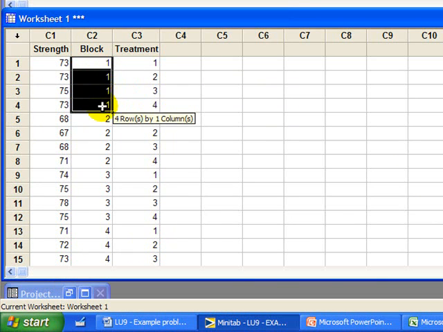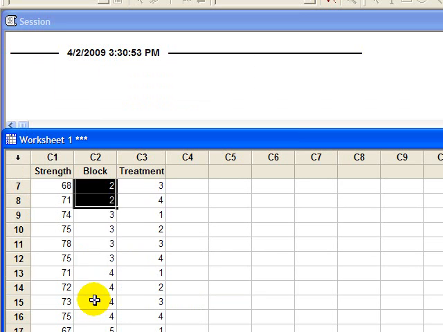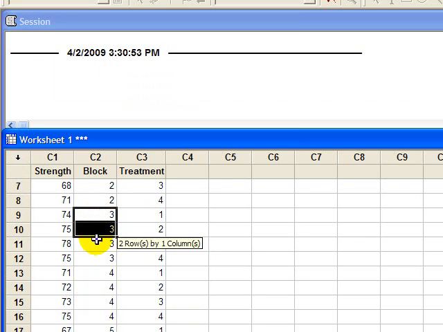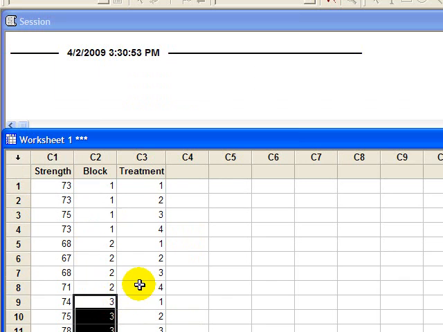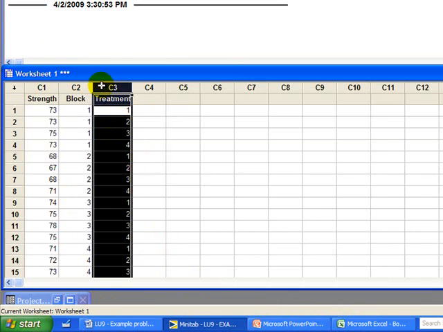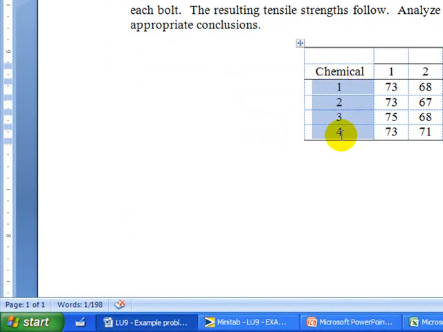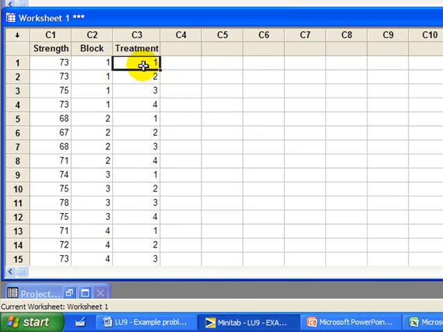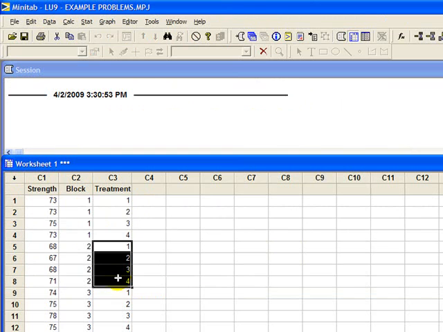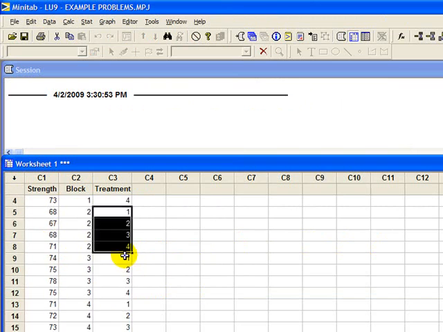So I have 1 for the first 4 rows, 2 for the next 4 rows, 3 for the next 4, and so forth, right? Next column, the third column, is the treatment. What is the treatment? Basically chemical agent, 1, 2, 3, 4, right? So I entered values 1, 2, 3, 4 for the first 4 rows. Then again I repeated 1, 2, 3, 4, and similarly you can fill in the rest of the column, right?